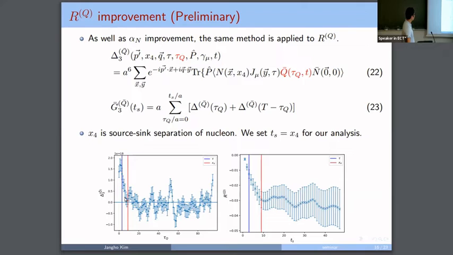After the sourcing separation, it's noise. We just add this signal only in this window and also the same length backward. The result is like this. This value is the improved one, and this is the unimproved one.